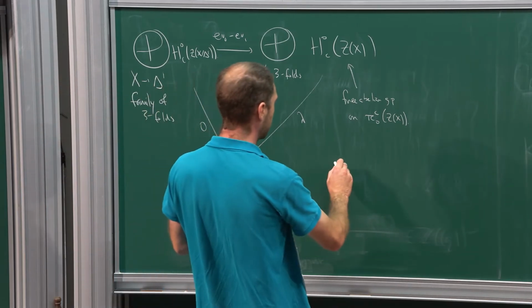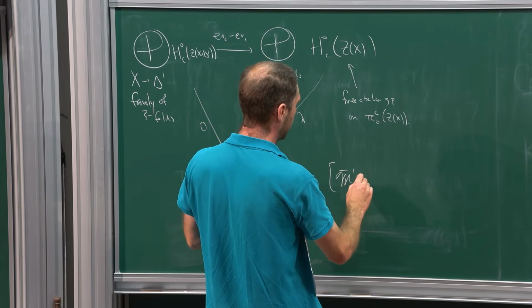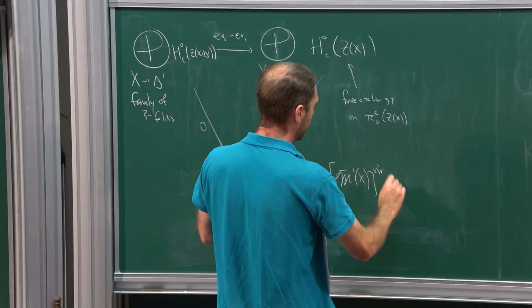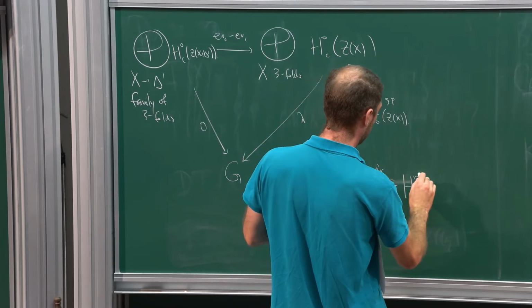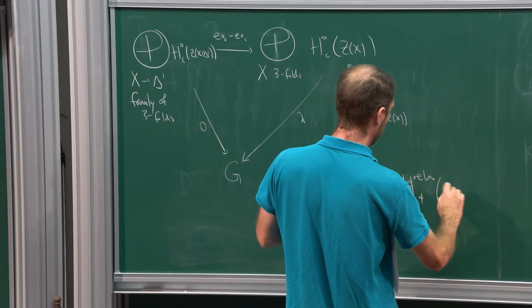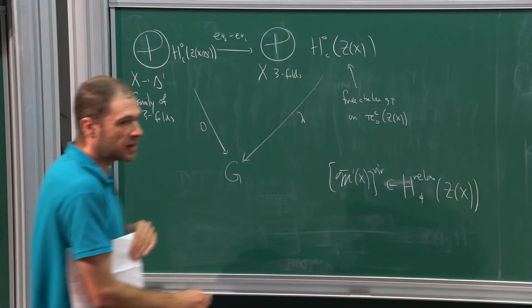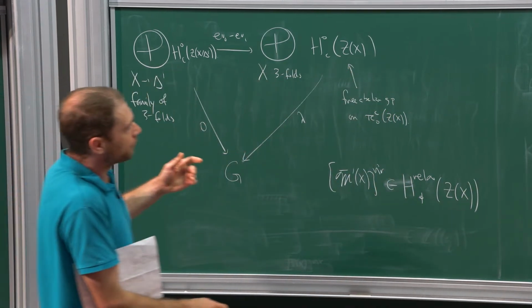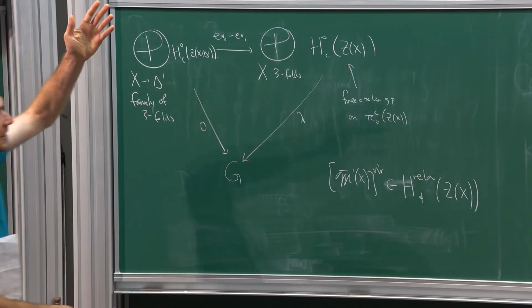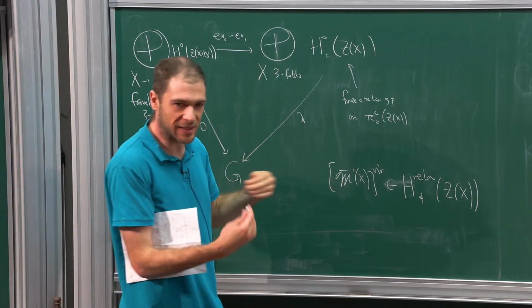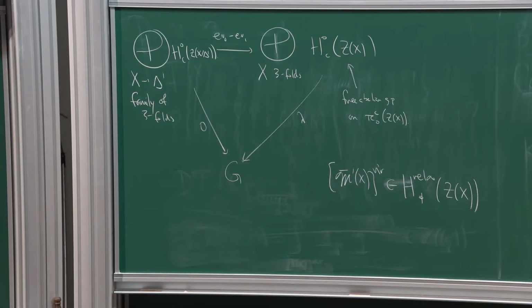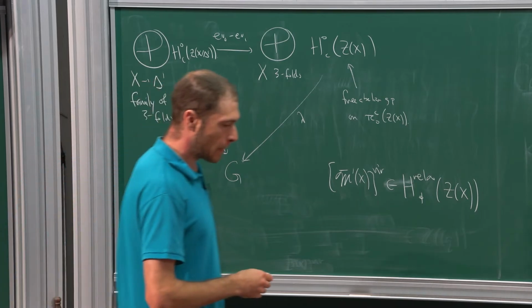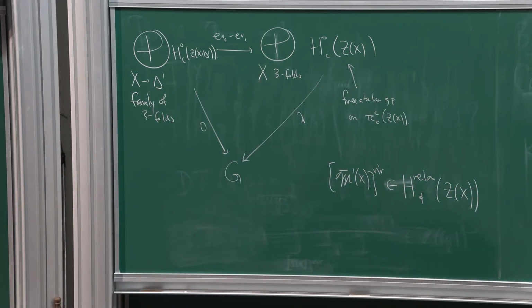The virtual fundamental class of M bar of X maps to an element of homology rel infinity of the space of cycles. So any class in this group I can pair against this and get a curve count, a Gromov-Witten invariant. And the effect of compact support is that if I have a non-rigid curve in a non-compact X and it can escape to infinity, then it will automatically be counted as zero, basically.